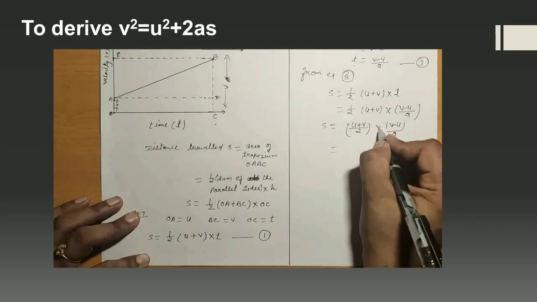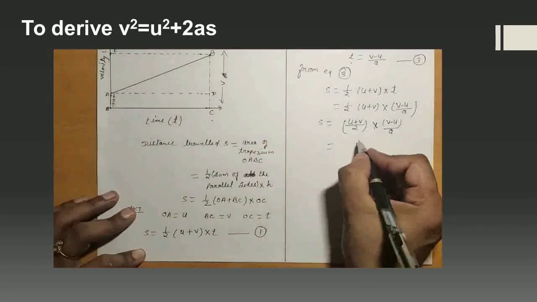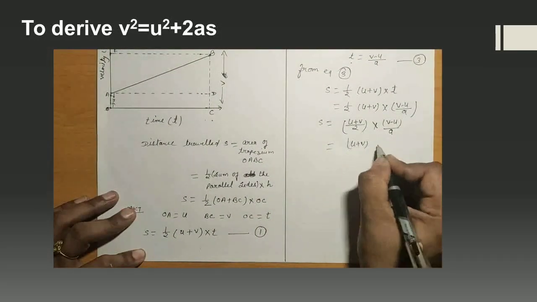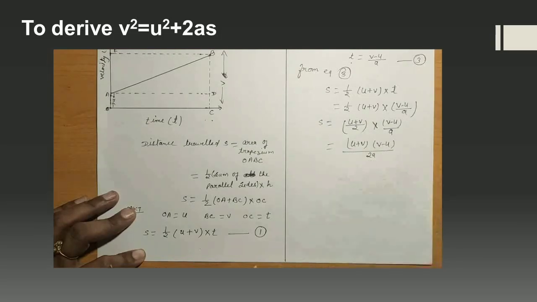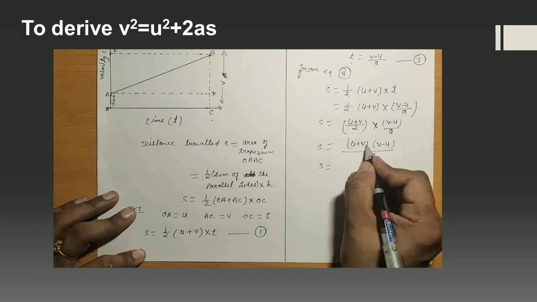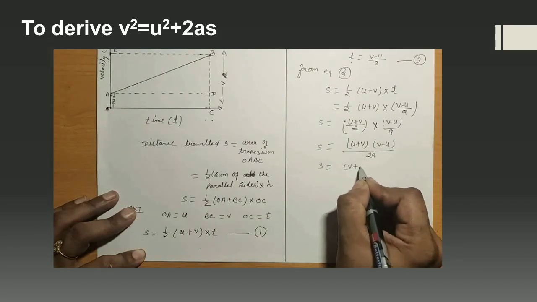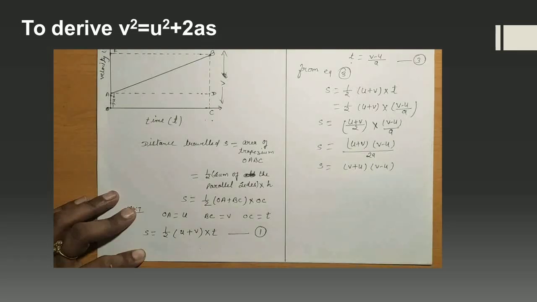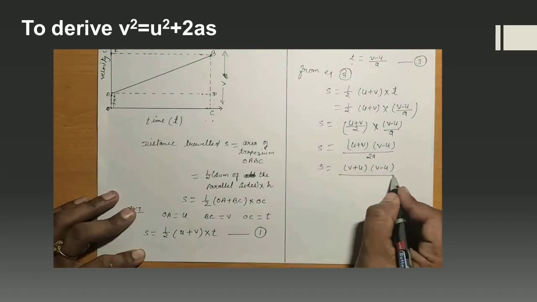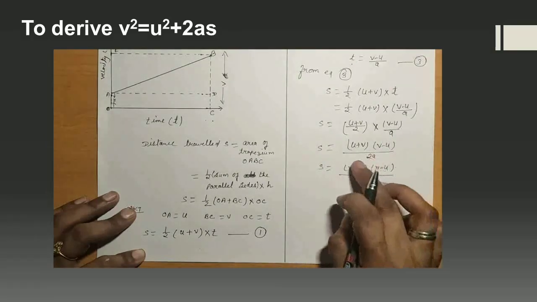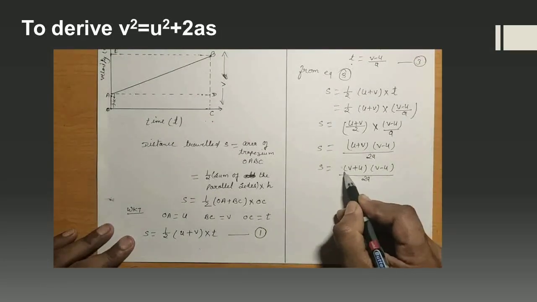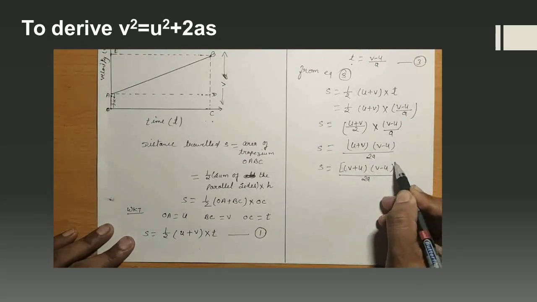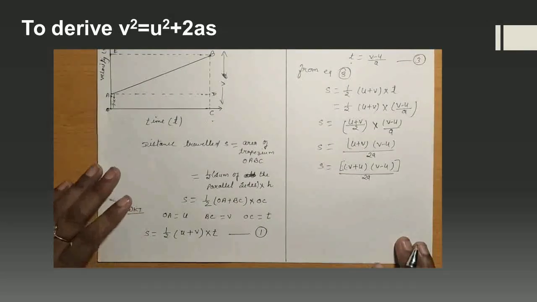Clear? So here it is multiplication. So U plus V into V minus U upon 2A. Got it? Clear? S is equal to U plus V, which can be written as V plus U, and V minus U will be the same. We are doing this because we are trying to make the formula. So you can see here this V plus U, V minus U. What will be the formula for this?